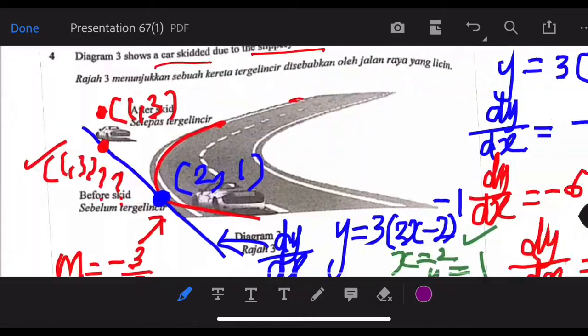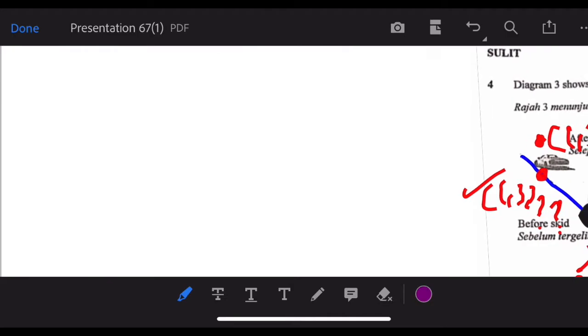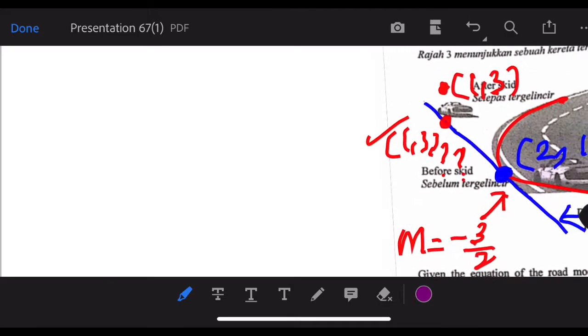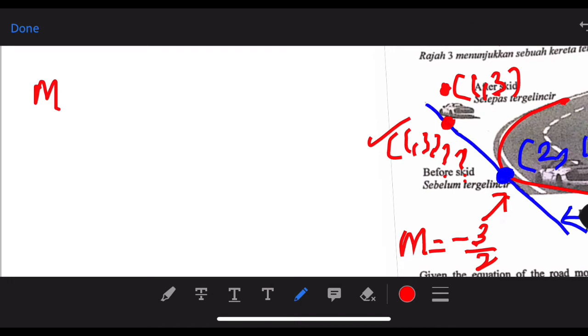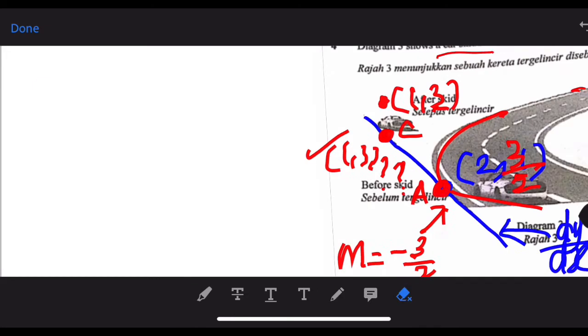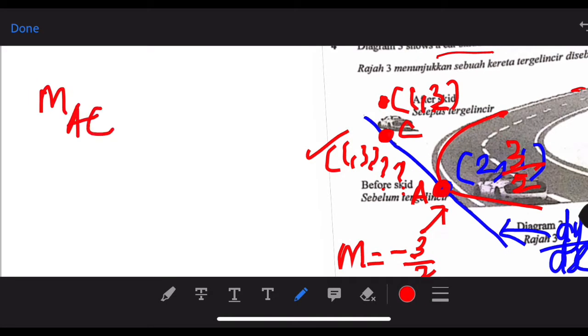Okay, so let's do it here. Imagine that this is the point of the cone. We use C. This is the point on the curve, so we call it point A. If the gradient of AC is the same as the gradient of the tangent to the curve, then we can say that the car will hit the cone.